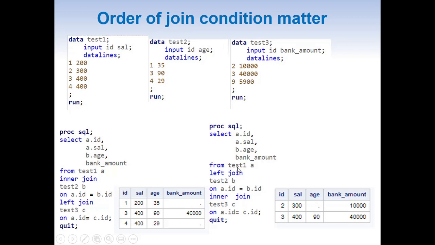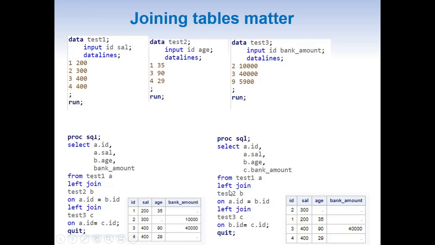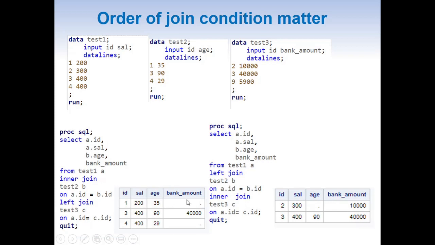But in this case, I am doing test1 left join test2 followed by an inner join. So what is happening here? If you can see, the results are dramatically different. Let's try to understand this a little more deeply. First, when we do an inner join between test1 and test2, what are we going to get?